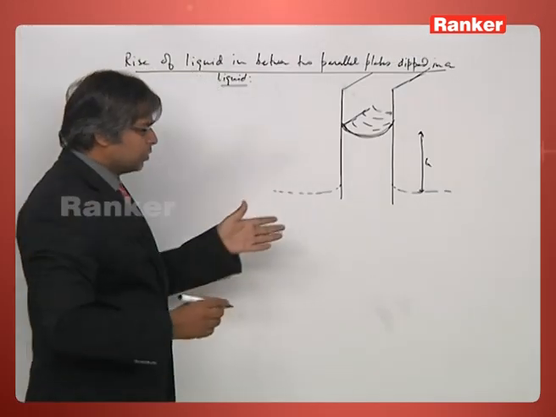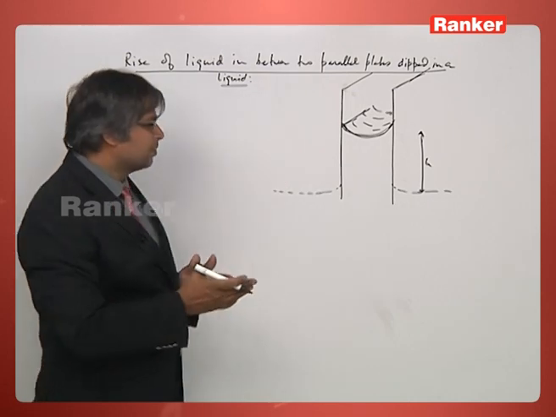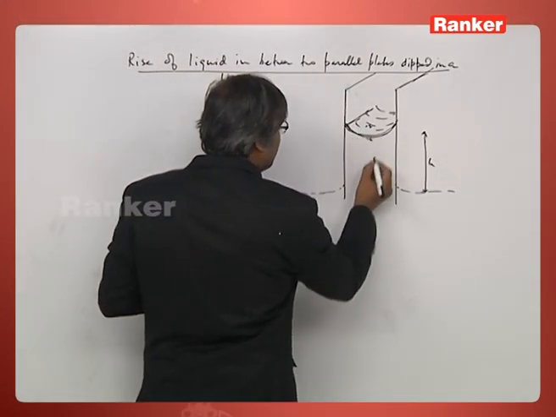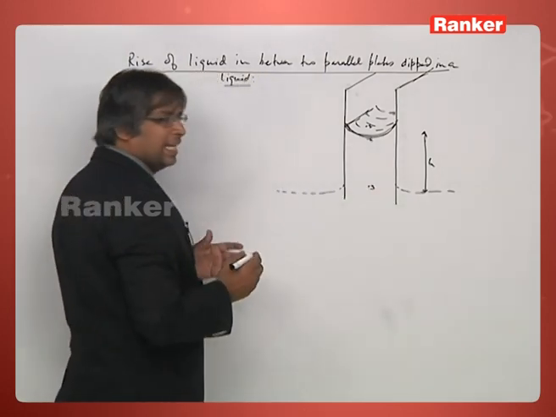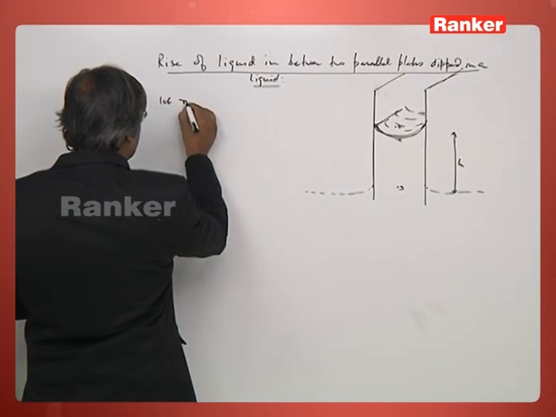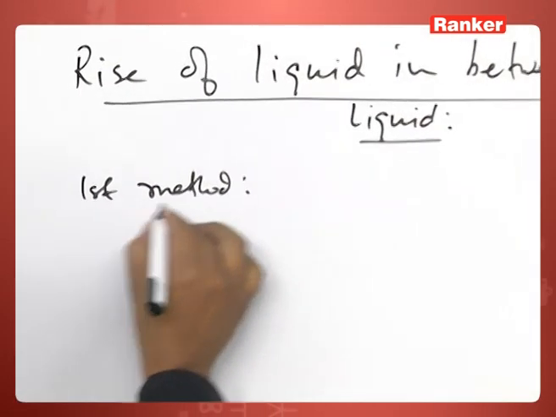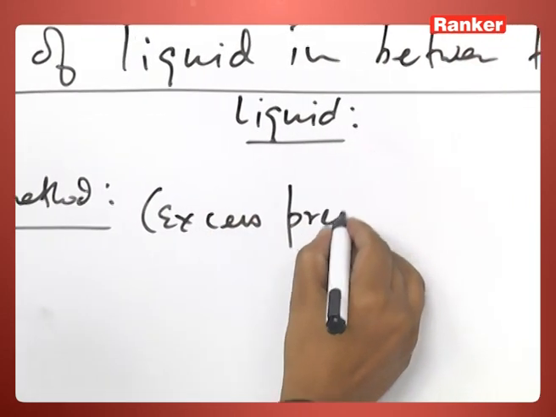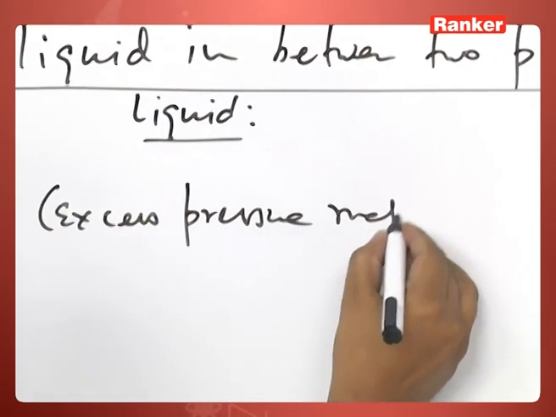In order to know what is the capillary rise, we can use many methods, but take point 1, point 2 and 3. Apply the excess pressure method. So, I am applying the first method, that is the excess pressure method.